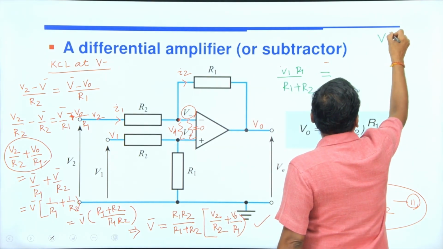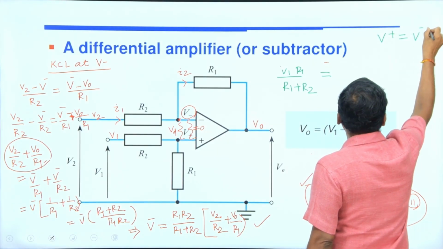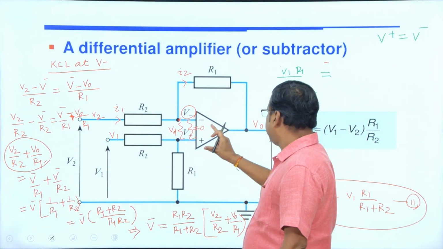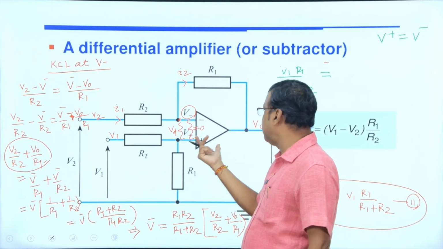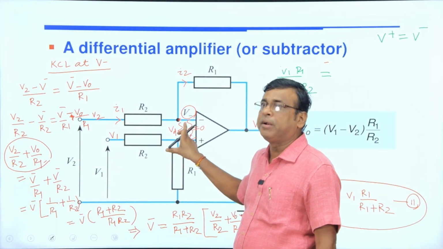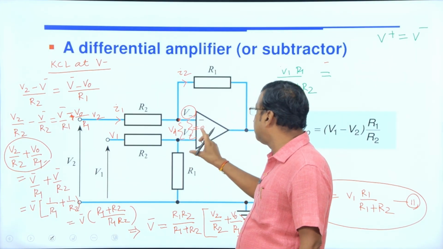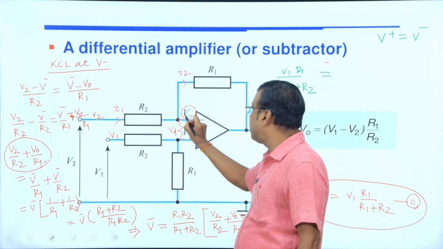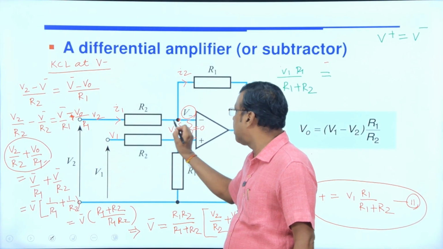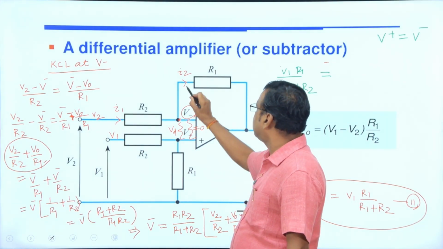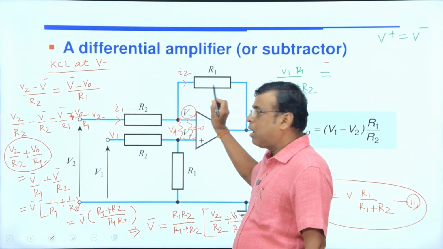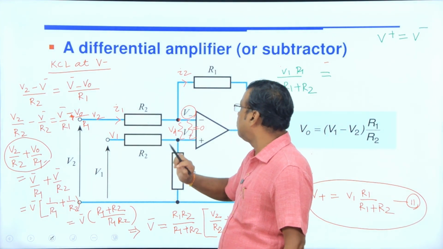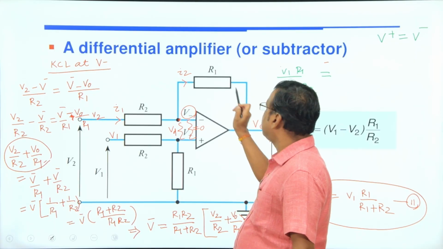This potential must be equal to this potential, due to the virtual ground concept, the difference voltage must be 0. Why? Because the gain is infinity. For infinite gain, V0 by this input must be infinity, which implies Vd equals 0, which implies this potential equals this potential. This potential is V minus. How to get this V minus? If we apply Kirchhoff's current law at this node, this is I1 and this is I2, and I1 equals I2. I1 is V2 minus V minus by R2, and I2 is V minus minus V0 by R1.